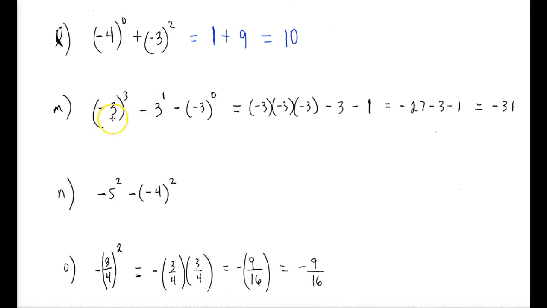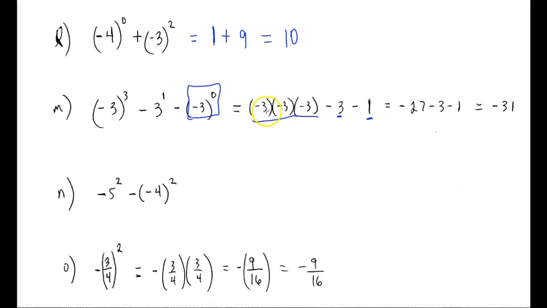Similarly, for example M, we see that -3 cubed is just -3 being multiplied times itself 3 times. 3 raised to the 1 is just 3. And minus 3 raised to the 0: anything raised to the 0 is equal to 1, so that's how we have the 1 here.